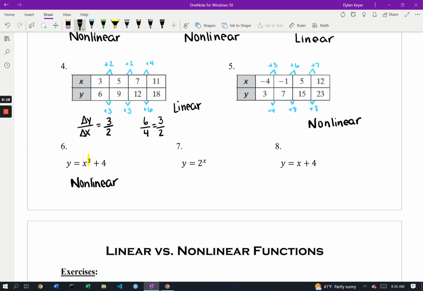Example number 7 is also nonlinear because it has x as an exponent. And example number 8 is linear because it's written in the form y equals mx plus b, where the slope is 1.